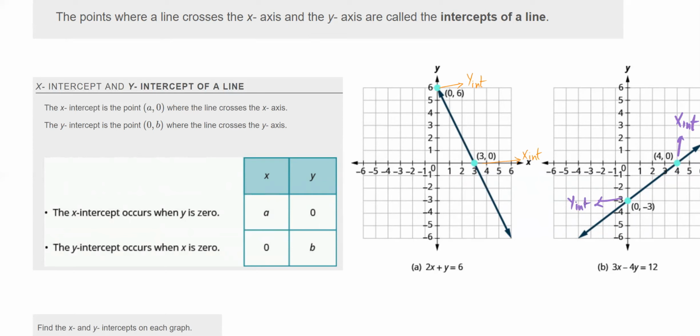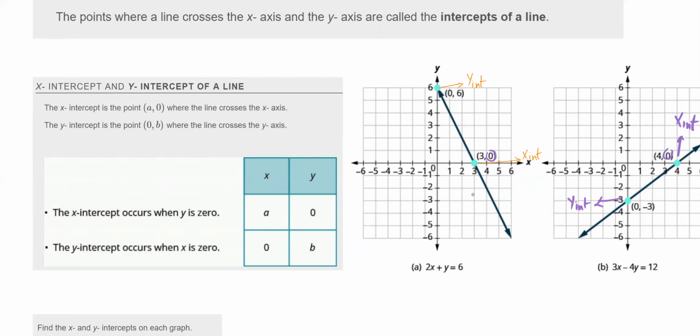I would like you to observe the two graphs and see what is common in the x-intercepts. Well, the obvious common thing is they both cross the x-axis, but that is the definition. That is why we look at that point. But if you look at the coordinates, both x-intercepts have the y part of it as 0. Can you see that? The y value is 0.